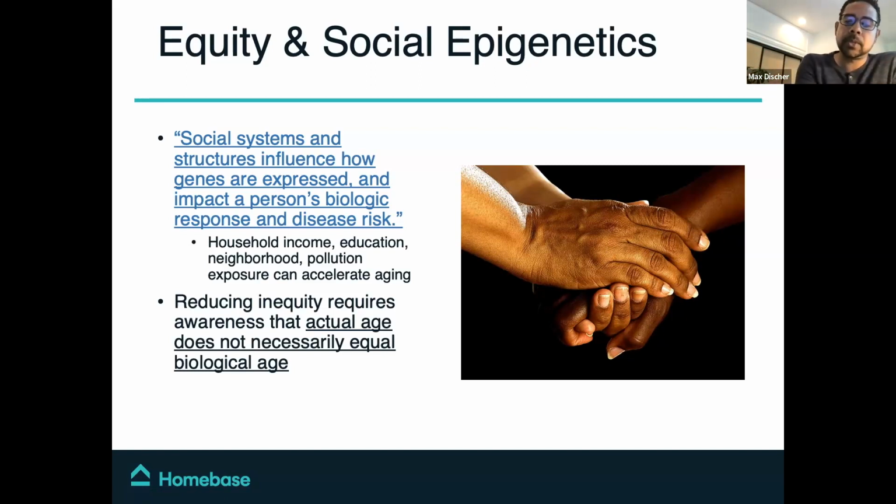All of the symptoms and issues that I just outlined a few slides ago, these things become more prevalent for folks who experience higher rates of low income, low education, adverse neighborhood conditions, and exposure to environmental pollutions, things like that.